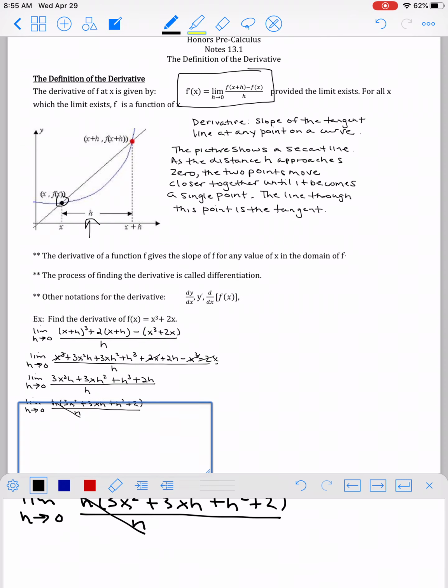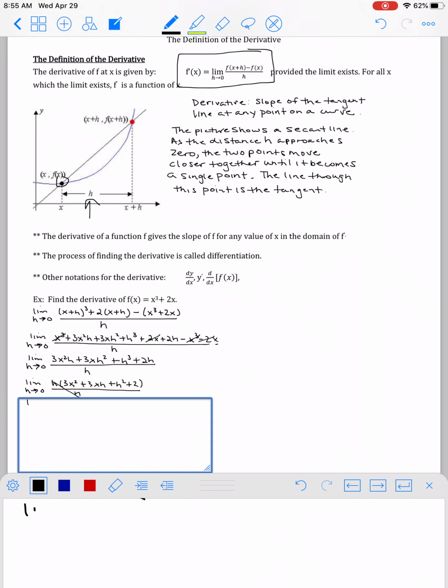And now I'm left with limit as h approaches 0 of 3x squared plus 3xh plus h squared plus 2.